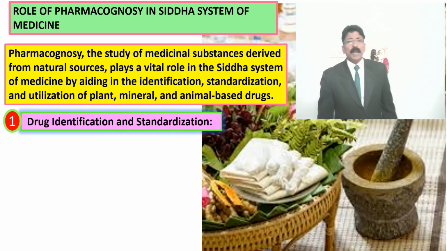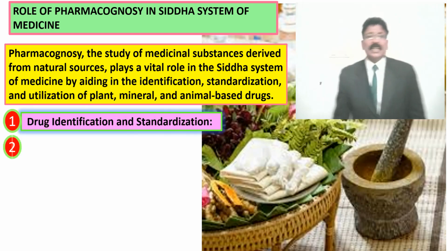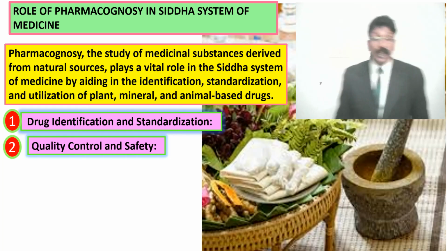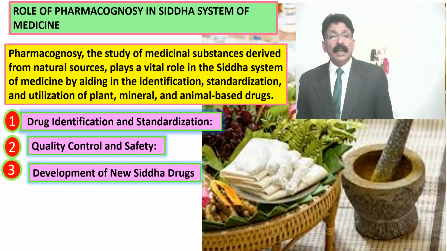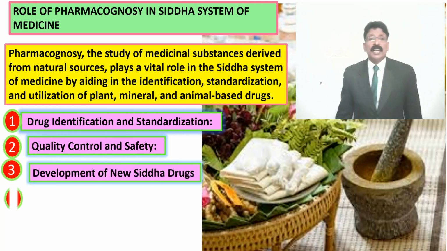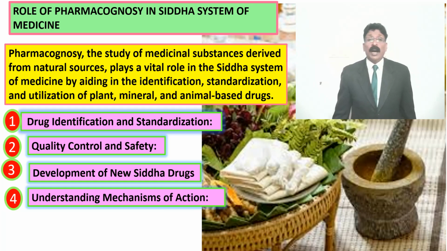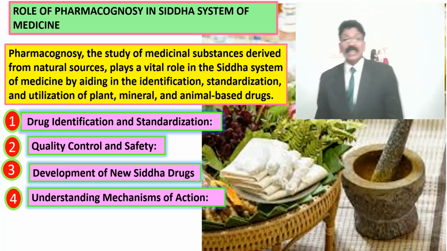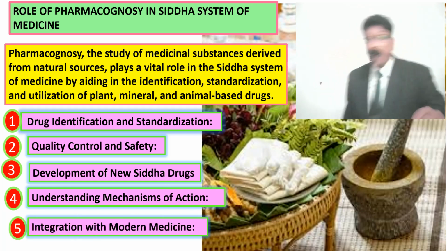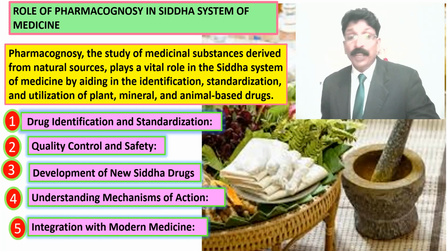So number 1, drug identification and standardization. Number 2, quality control and safety. Number 3, development of new Siddha drugs. Number 4, understanding mechanism of action. Number 5, integration with modern medicine.